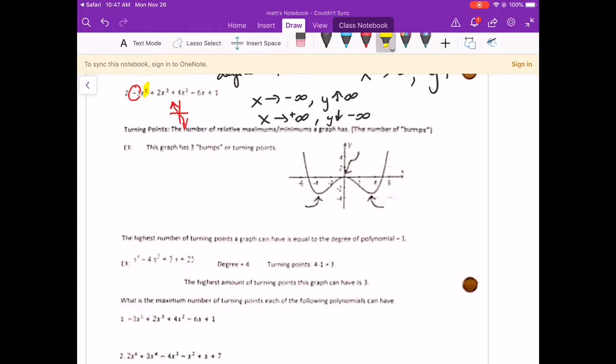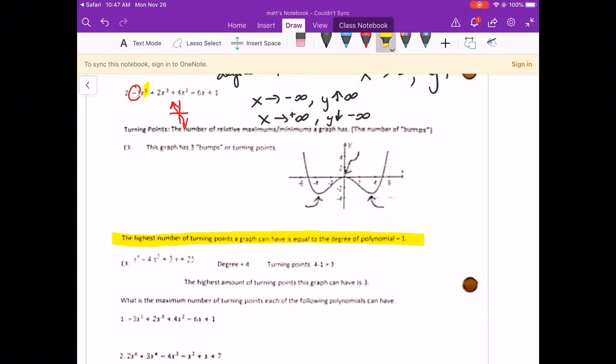So what we want to keep in mind is this idea about relative minimums and relative maximums, where the graph changes. And the possible bumps, this is the idea right here that I really want you to make sure you read through. The highest number of turning points. So that's where the graph changes.